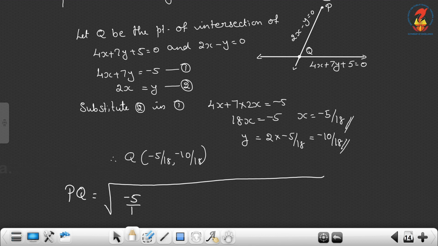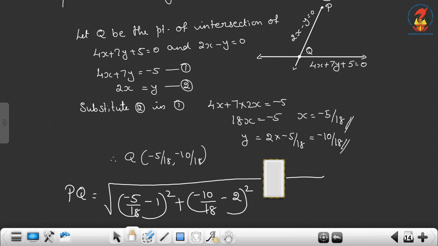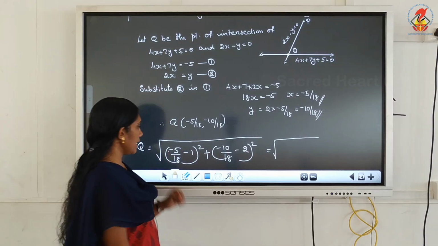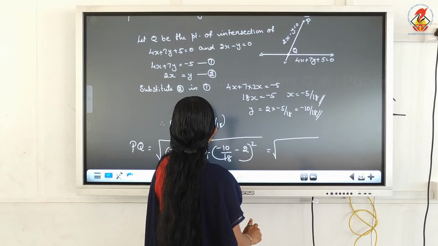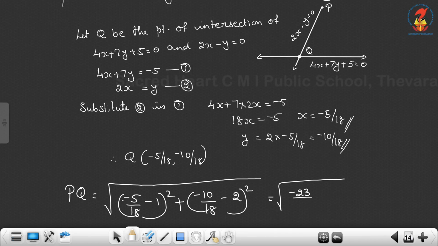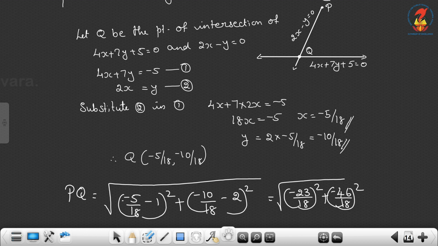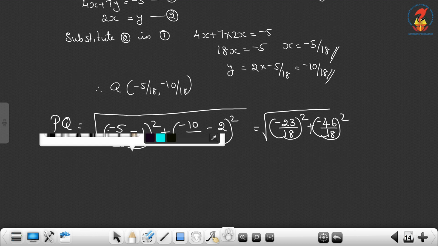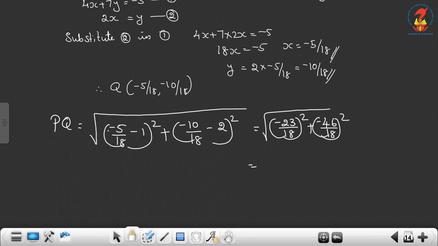So, (minus 5 by 18 minus 1) whole square plus (minus 10 by 18 minus 2) whole square, which is equal to the square root of (minus 5 minus 18, that is minus 23 by 18) square plus (18 into 2 is 36, 36 and 10 is 46, so minus 46 by 18) square. Here what we do is we simplify. It is very difficult to find the squares.